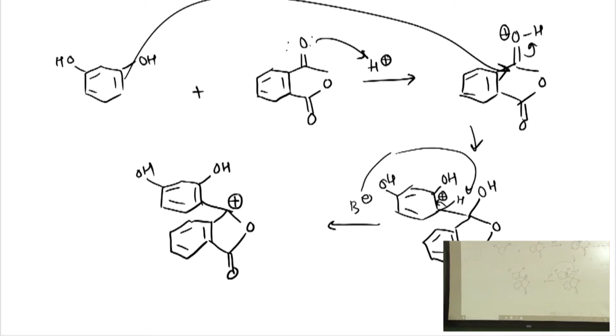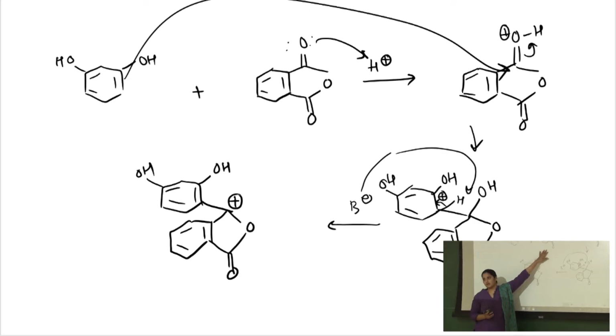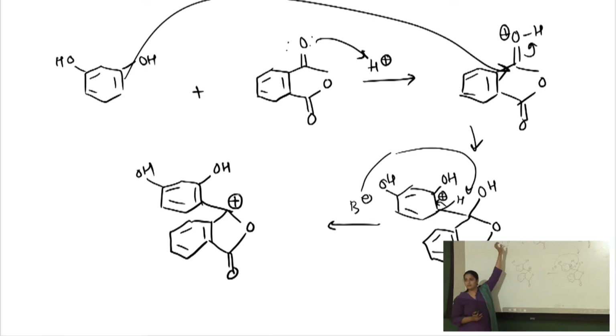Okay. Now, what is the stoichiometry of the reaction? One molecule of phthalic anhydride is reacting with, look at the reaction, look at the final product.